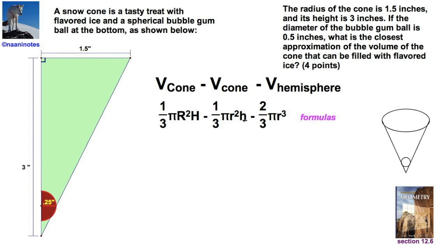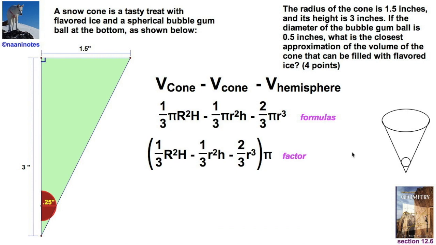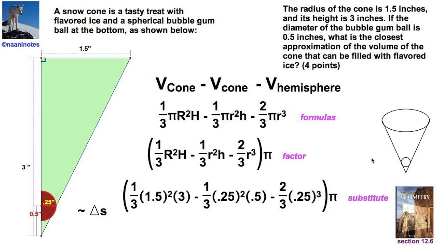I'm going to factor out the pi because you're just going to put pi in at the very end, so why keep multiplying by it a bunch of times? Then I'm going to make this big assumption: similar triangles right there. We know that's not quite right, but we're going to go with that. Then I can fill in all this stuff.